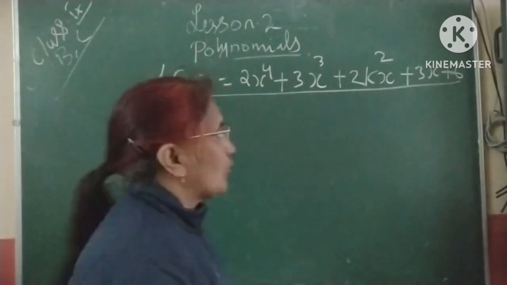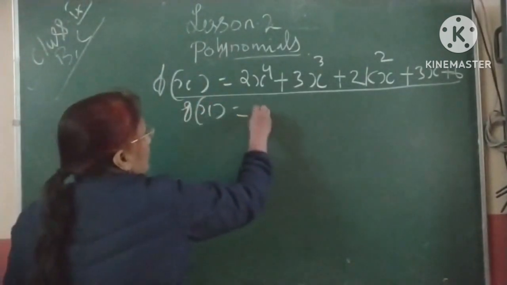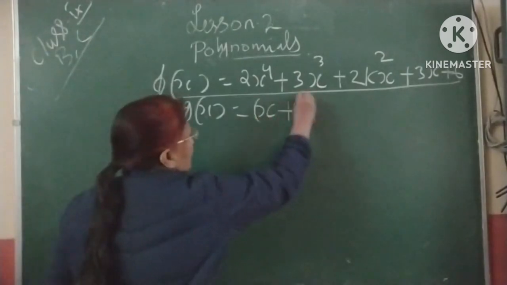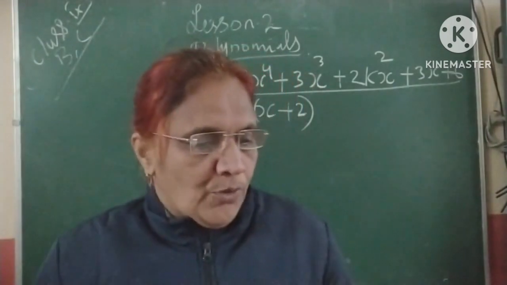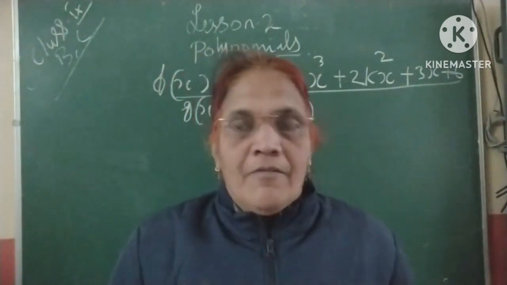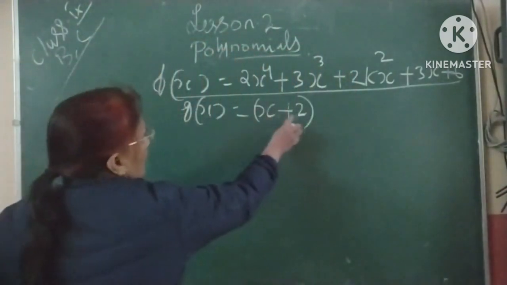Then g of x equal to x plus 2. Then we have to find the value of k.